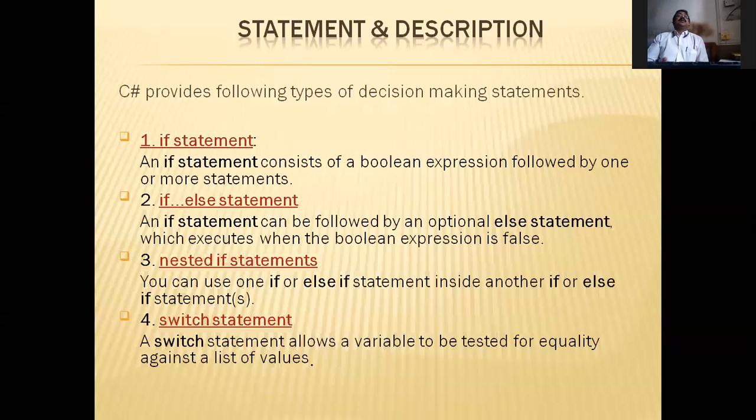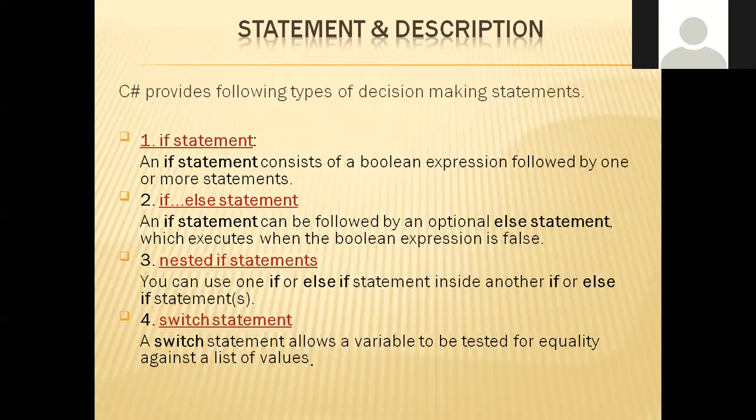So it may be in the if part or the else part. The if part may be the true block, and the else part may be the false block. So an if else ladder can also be specified in the if statements. So we can call it a nested if else statement.